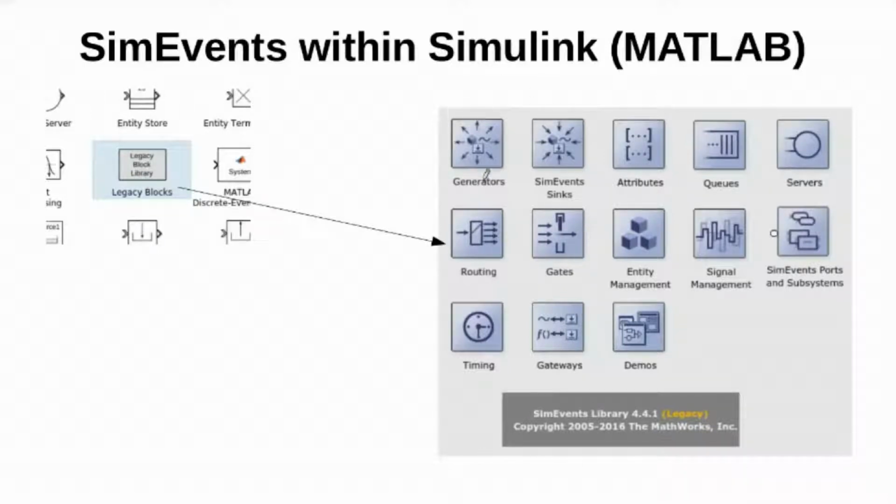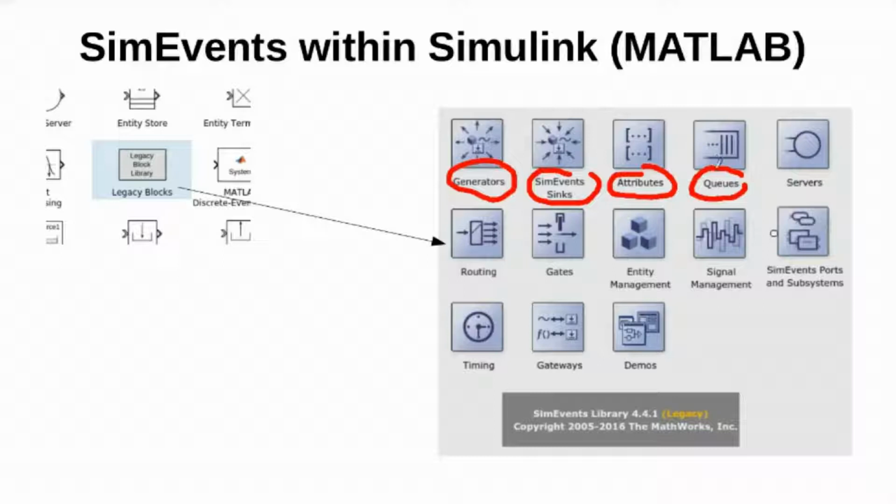If you double-click on this legacy block library, it opens a new sub-library composed of the generators, the sinks, the attributes. I will explain every sub-library thoroughly later, okay? The queues, very important, the queues in SimEvents, okay?